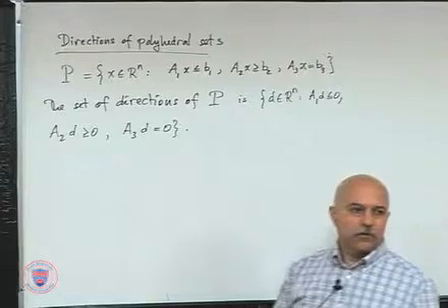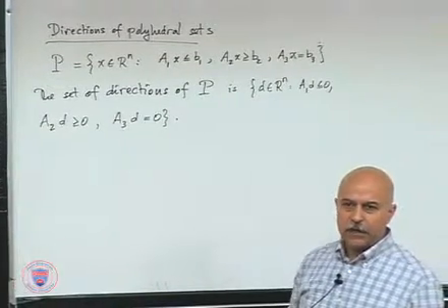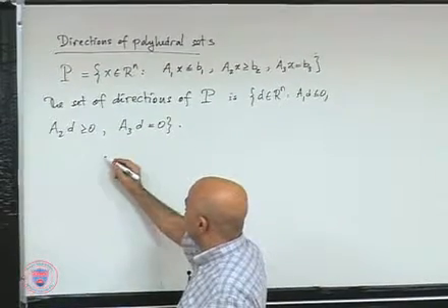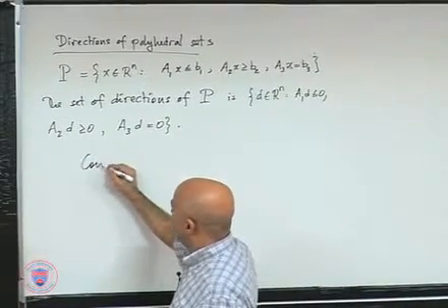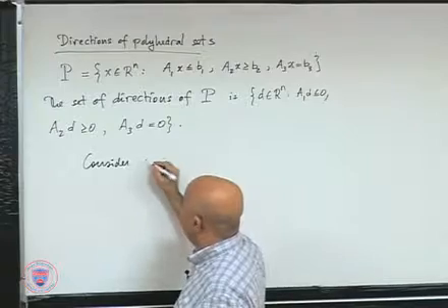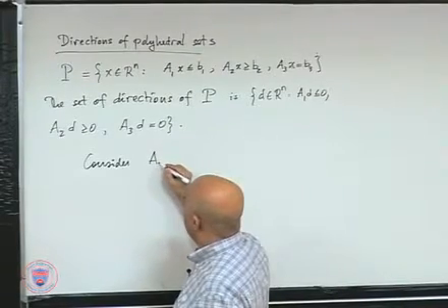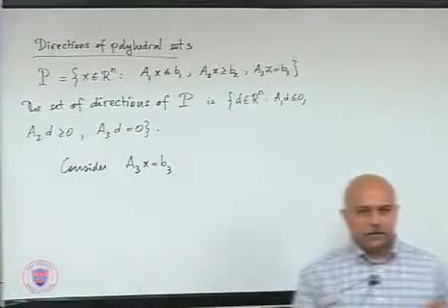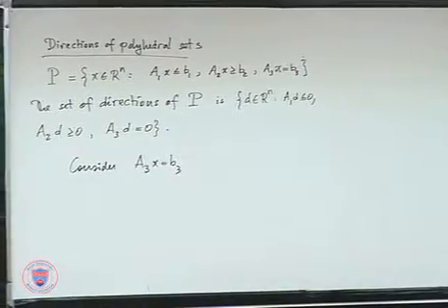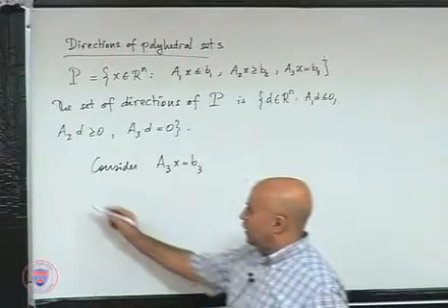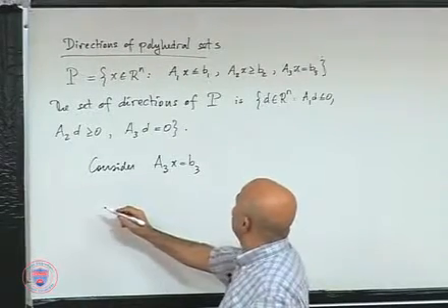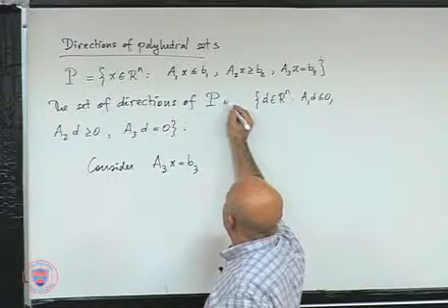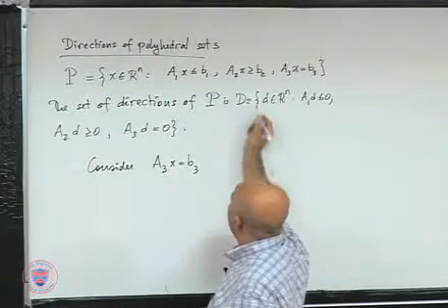Rather than giving you a formal proof here, let's just give some arguments to make sure that you understand what's going on here. So let's consider, for example, the case A3 x equals B3. Now, let me call this set D. Let's give a name to it.